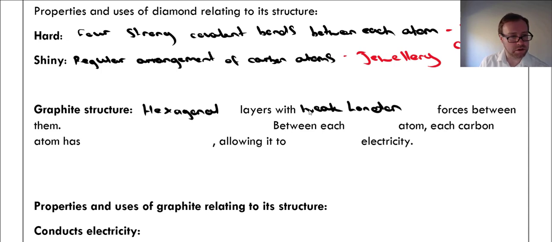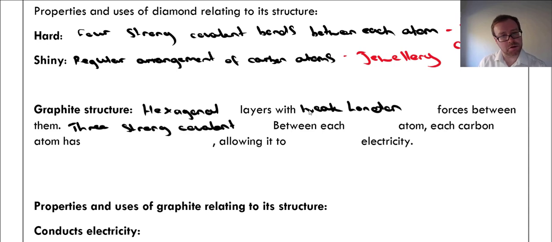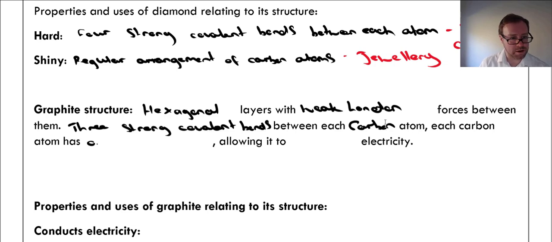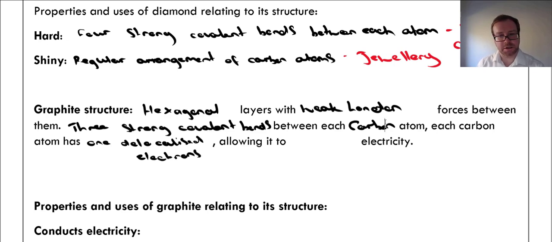And there are 3 strong covalent bonds between each carbon atom, and each carbon atom has 1 delocalized electron, allowing the structure to conduct electricity.